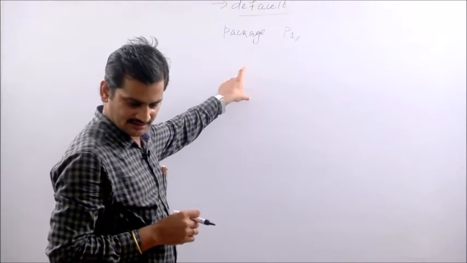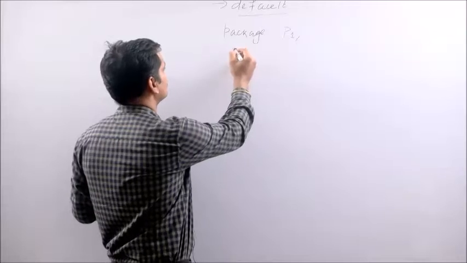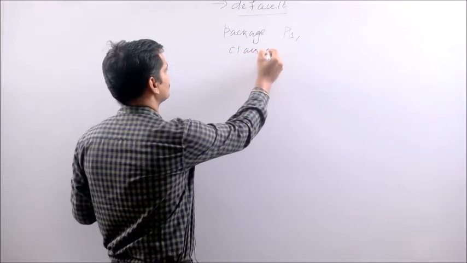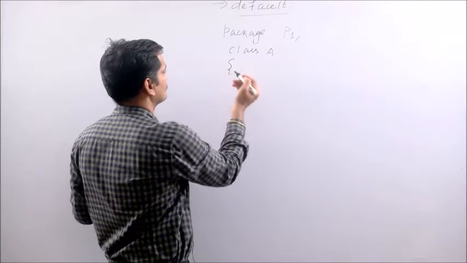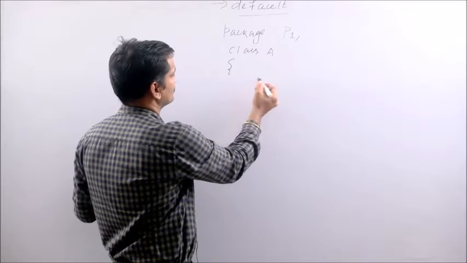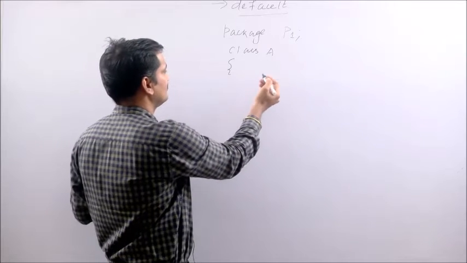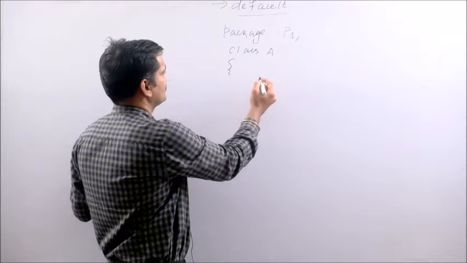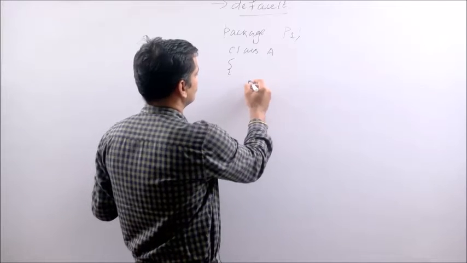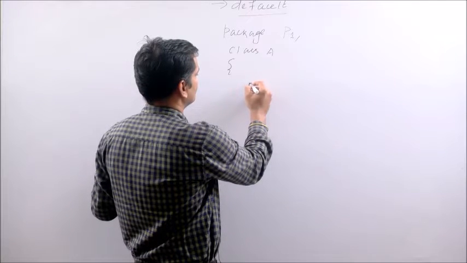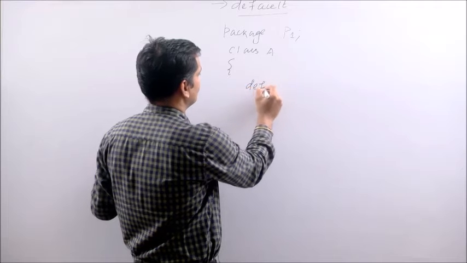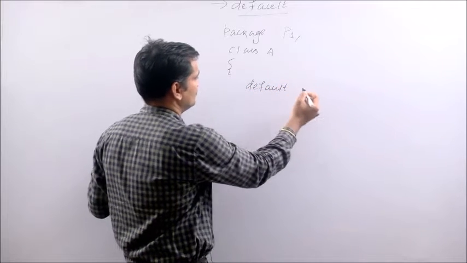Now, in this package I have a class A with only a method that is declared with default access specifier.